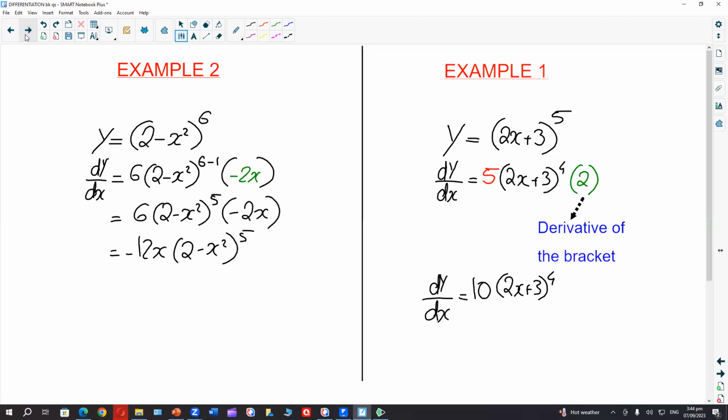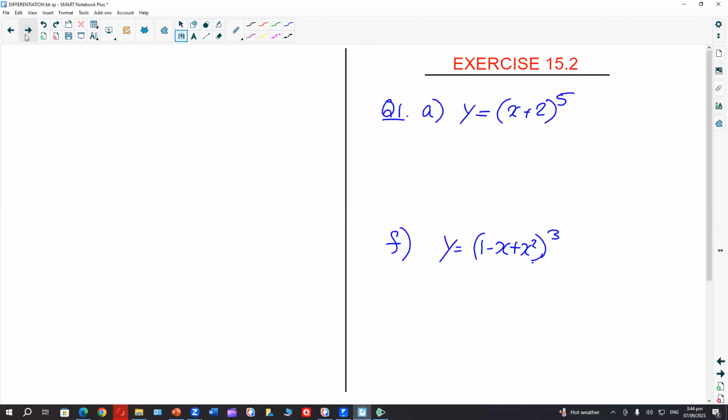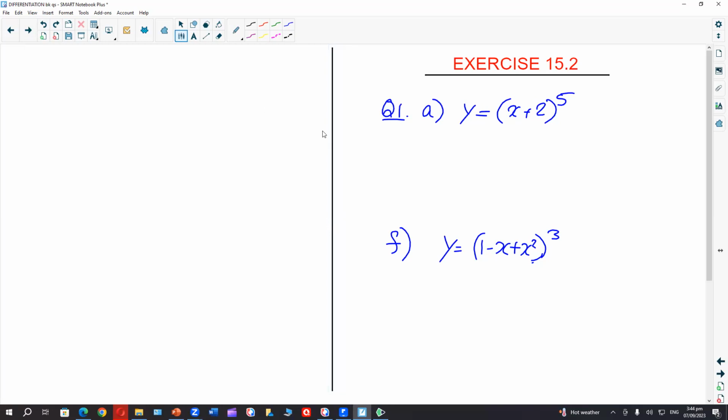This is how we differentiate a bracket function. Now, exercise 15.2. What you do is stop the notes section for the time being, and you have to solve questions in your question register, and give the heading exercise 15.2.